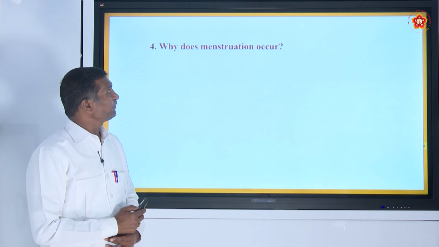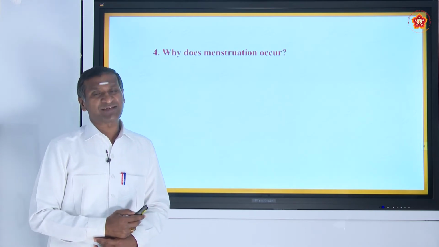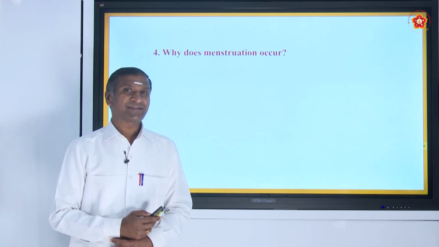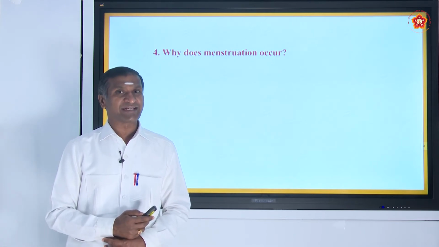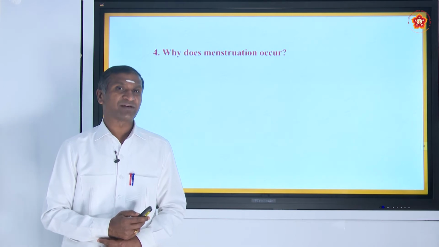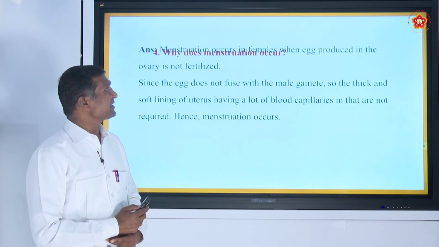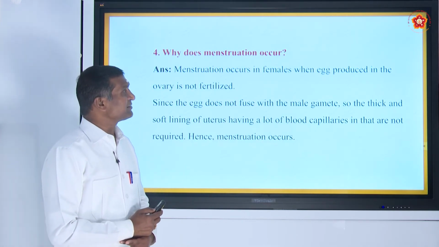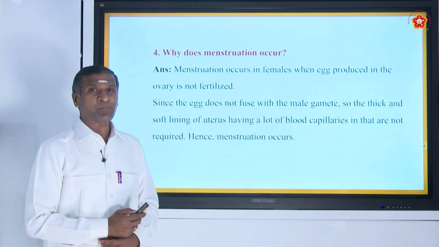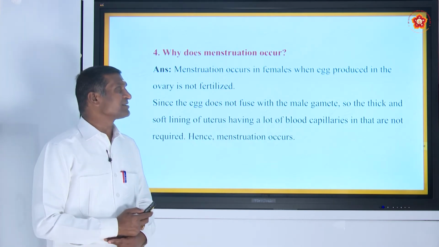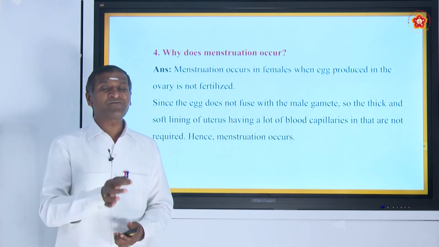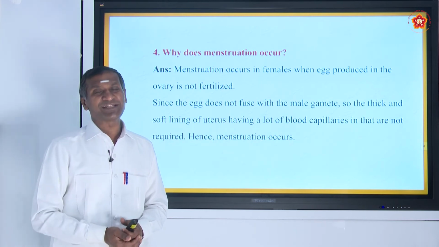The next question, why does menstruation occur? We already know that menstruation is the discharge of the unfertilized eggs or the ova from the women. And why does this menstruation occur? Menstruation occurs in females when the egg produced in the ovary is not fertilized.